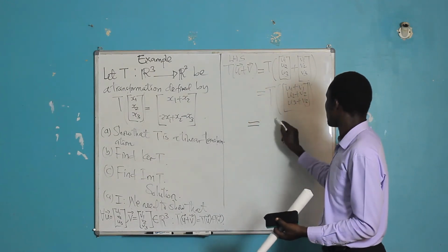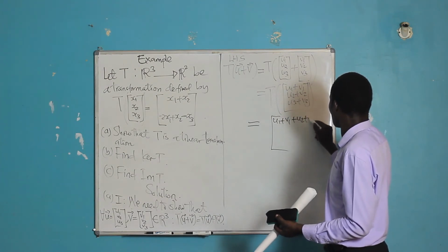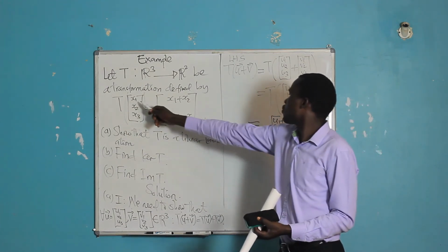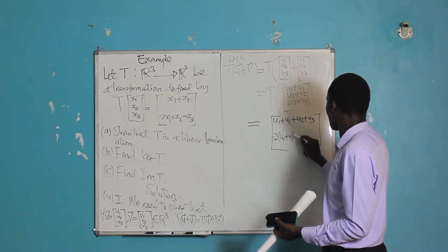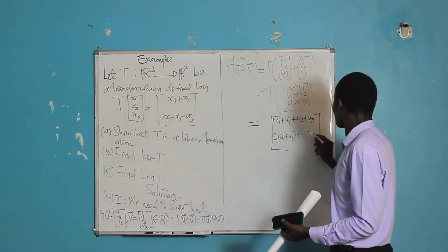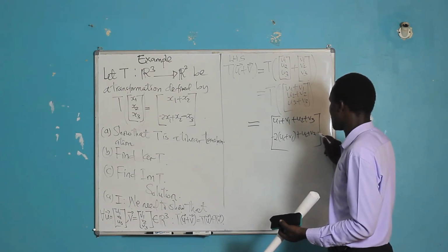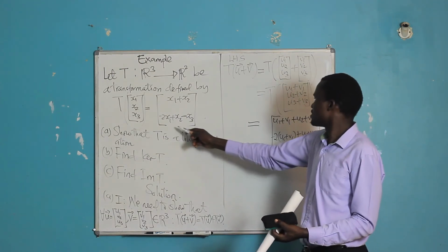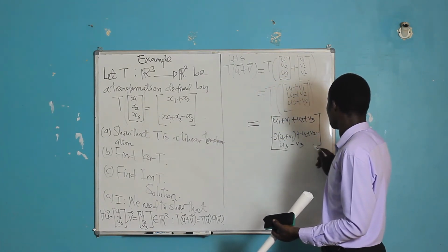So we are adding u1 plus v1 plus u2 plus v2. And the second entry will be negative 2 times the first entry, u1 plus v1, plus the second entry, u2 plus v2, minus the third entry, u3 plus v3.